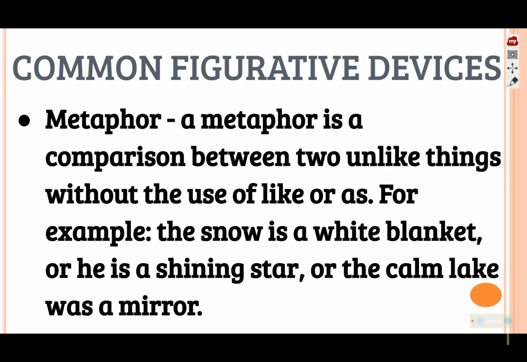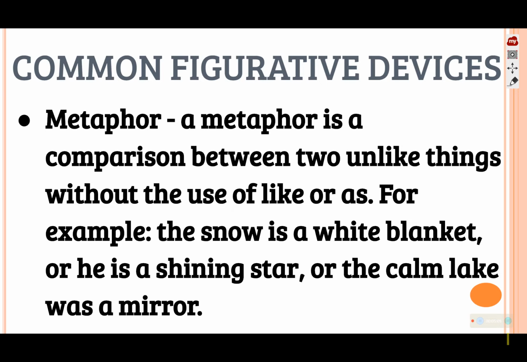Another common figurative device would be the metaphor. A metaphor is a comparison between two unlike things without the use of like or as. For example, the snow is a white blanket, or he is a shining star, or the calm lake was a mirror. Now, how do we identify a metaphor? It is also a comparison, but it is a comparison between two unlike things without the use of like or as.